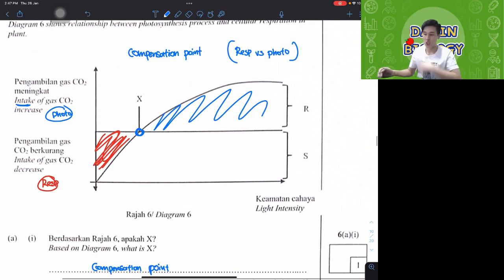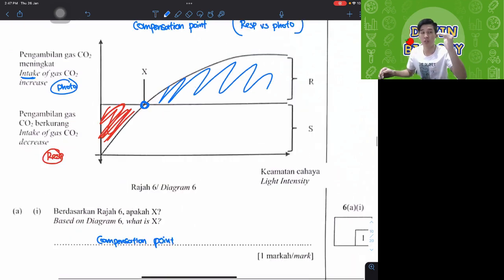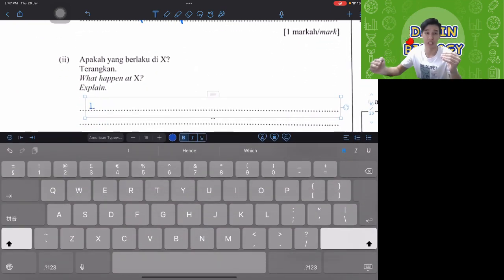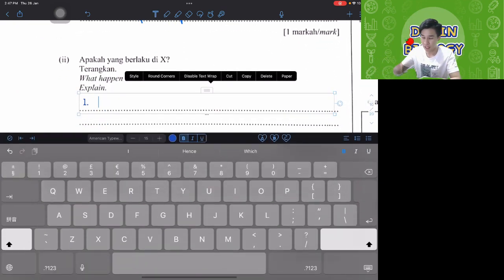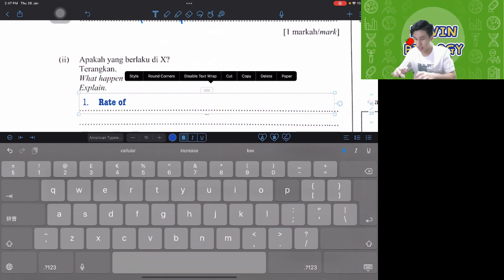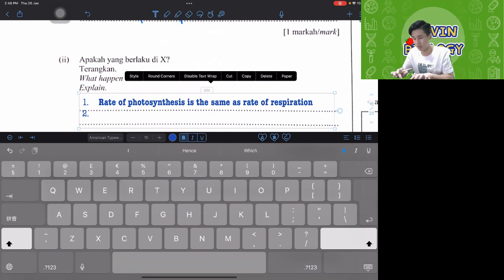What happened at X? Whenever they ask what happens at compensation point, the easiest one to start with is respiration rate, same as photosynthesis. So we can say the rate of photosynthesis is the same as the rate of respiration. Then you have to explain.